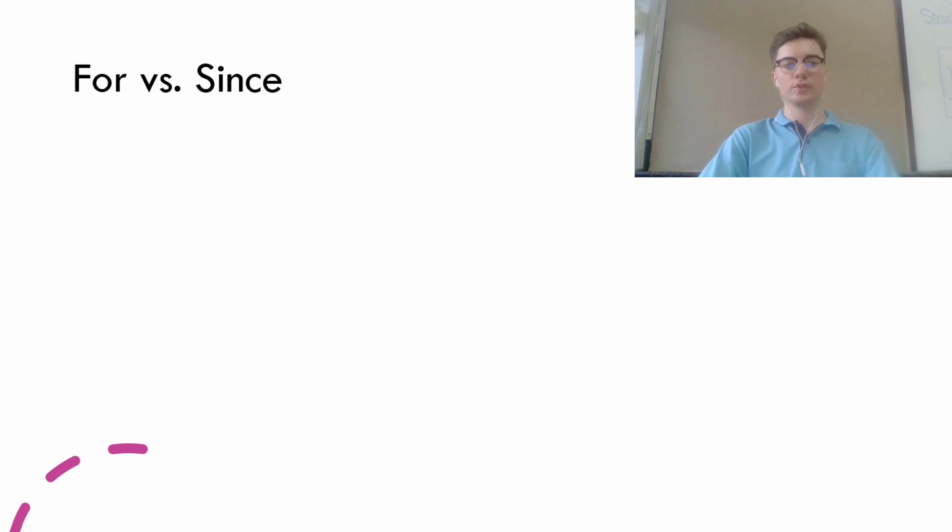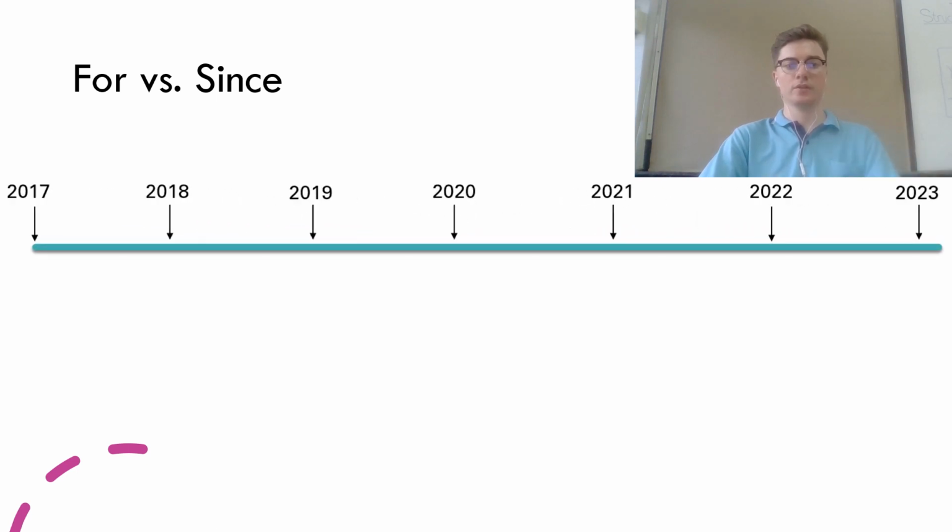We can use for and since to show the same time frame. Okay? So if I wanted to show this time frame, I could use for and I could use since. But I would have to structure my sentence in a slightly different way.